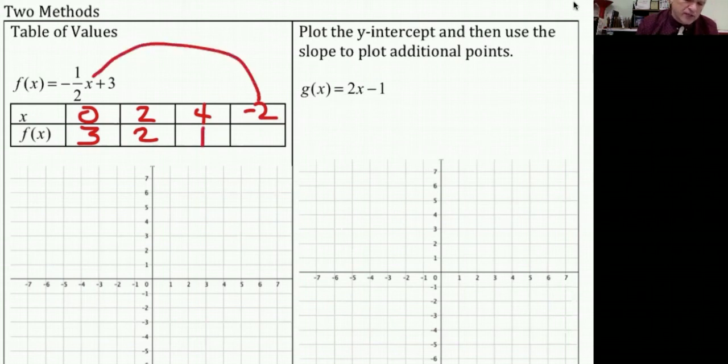Let's substitute the negative 2 for x. Negative 1/2 times negative 2 is positive 1. Plus 3 gives me 4. Now my table is filled out. If you remember in geometry, 2 points will constitute a line, but we'd like to get 3 or 4 so that, if you made a mistake on one point and you only use 2, you're just going to connect the dots and go in the wrong direction.